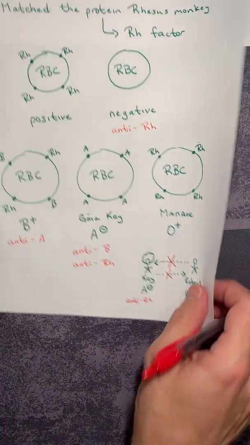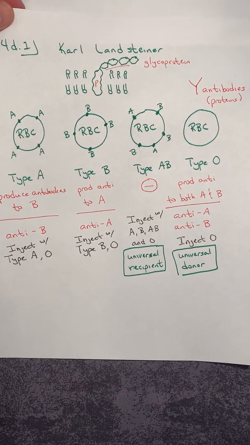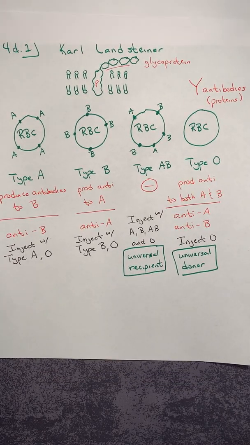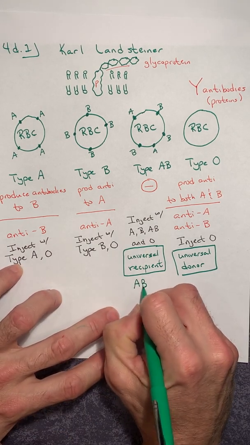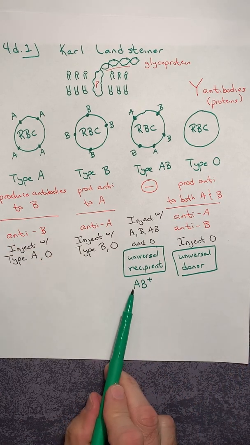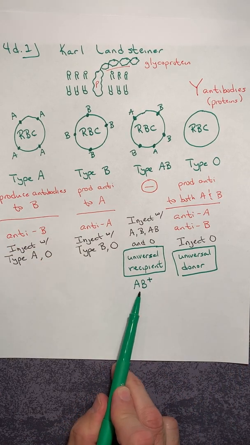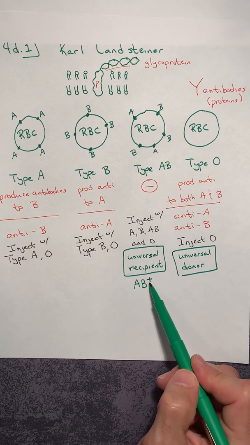So let's go back to the statement over here about the universal donor and the universal recipient. How that really works, the universal recipient is really AB positive, because that means they don't produce anti-A, they don't produce anti-B, and they don't produce anti-Rh.